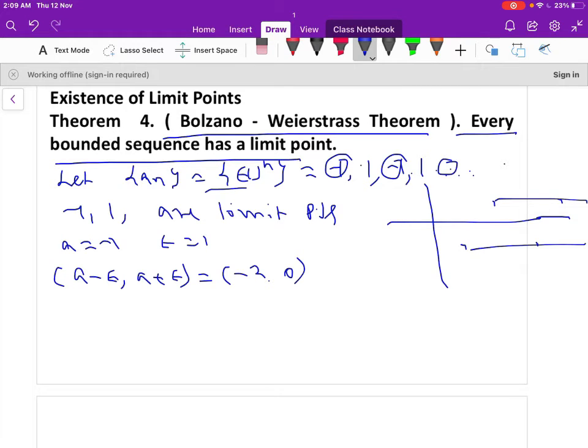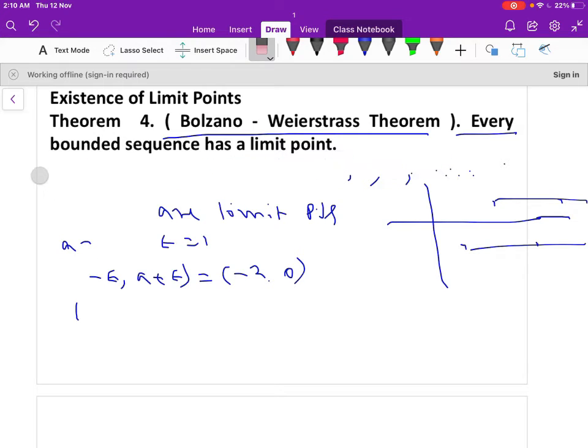So this interval contains infinitely many points of the sequence (minus 1) to the power of n. Therefore, a equal to minus 1 is a limit point of the sequence. Similarly, 1 is also a limit point of the sequence. So according to the theorem, if the sequence is bounded, it has limit points.